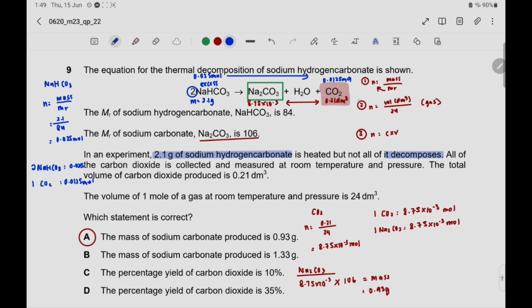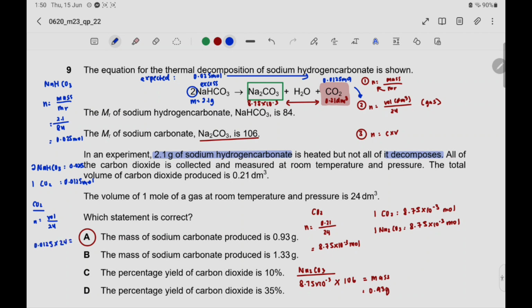What to do next? Just try to get what is the volume supposedly you should get, because this is like the expected value. You were taught that, maybe if I use 2.1 gram, I should be able to get that much. So let's try. Carbon dioxide, number of moles equals volume divided by 24 dm cubed, right? So 0.0125 times 24.